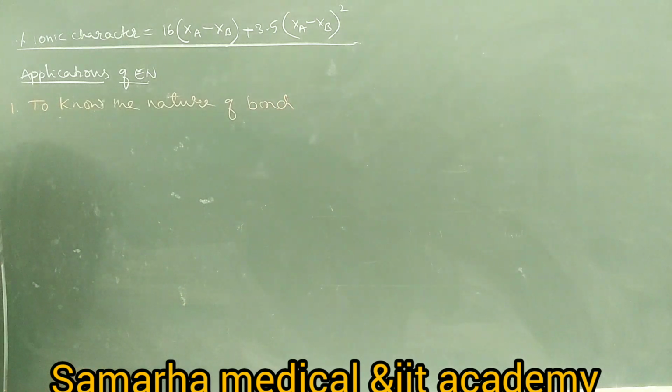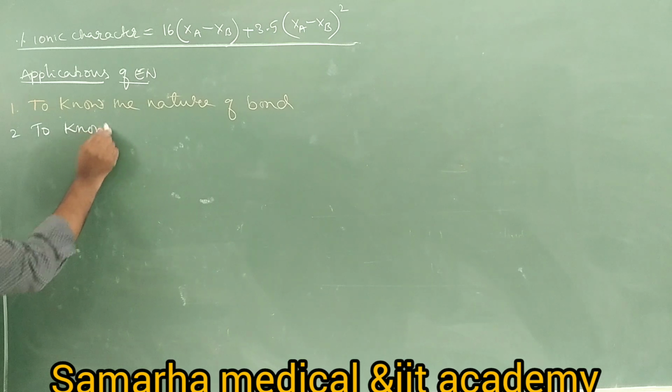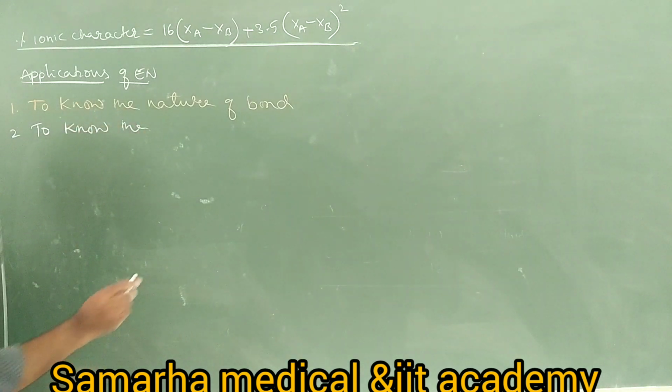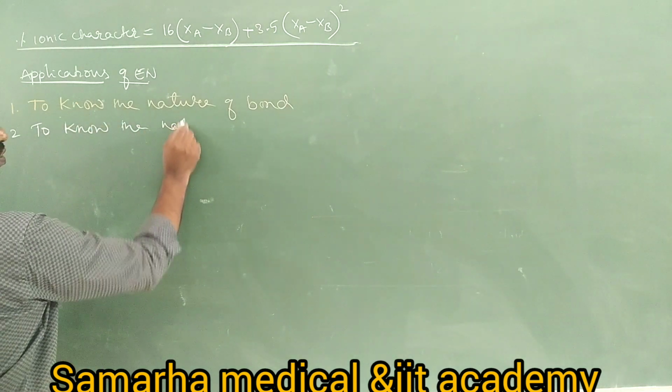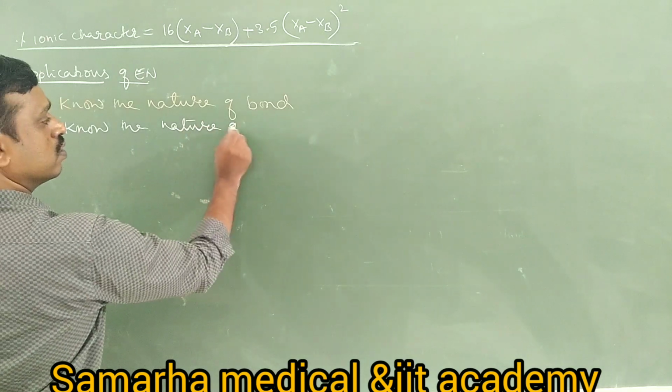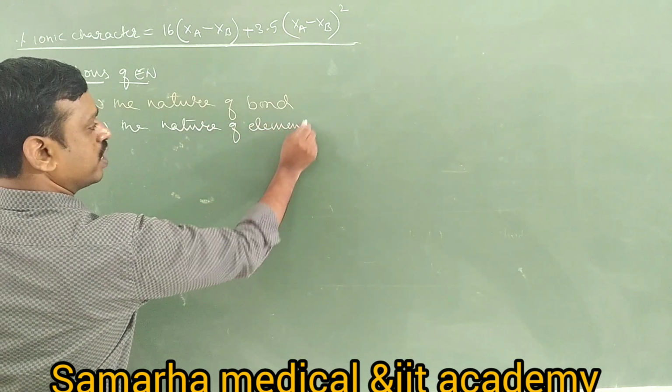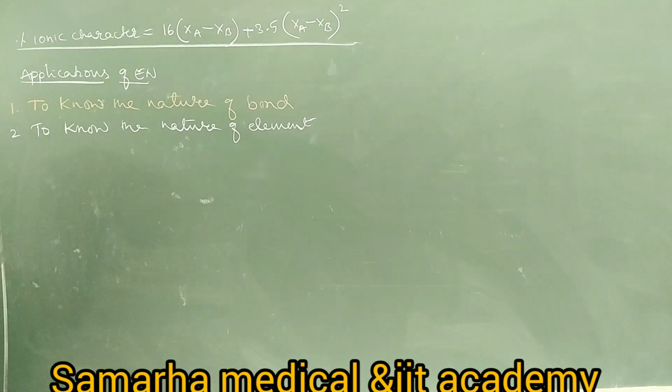A given compound has which bond, like ionic bond, covalent bond, more ionic, more covalent, can be calculated. Two, we can even know the nature of element also. A given element is whether metal or non-metal, or metalloid.